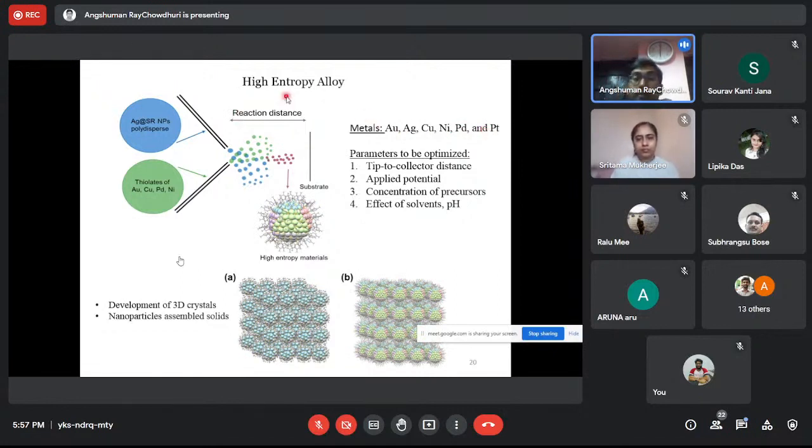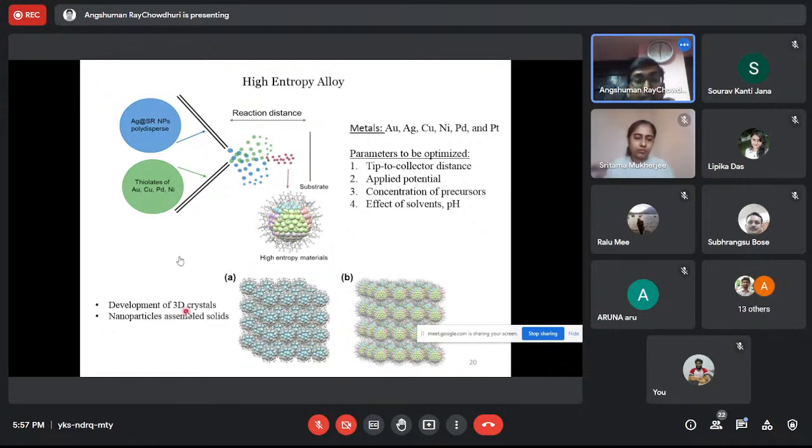Carbothermal shock synthesis is right now usually used for the synthesis of high entropy alloy nanoparticles. High energy is needed for that: high temperature and high pressure is needed for getting the high entropy alloy. So we can try whether this type of simple synthesis method can be used for the synthesis of high entropy alloy or not.